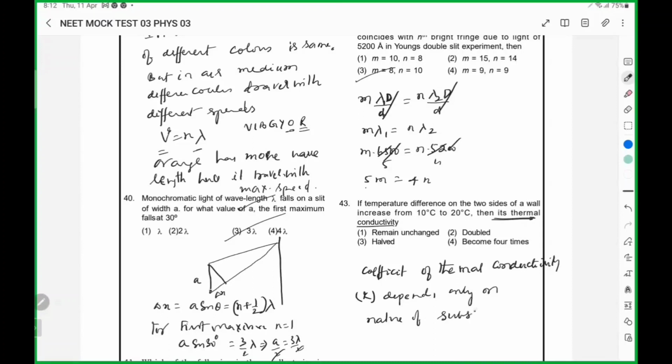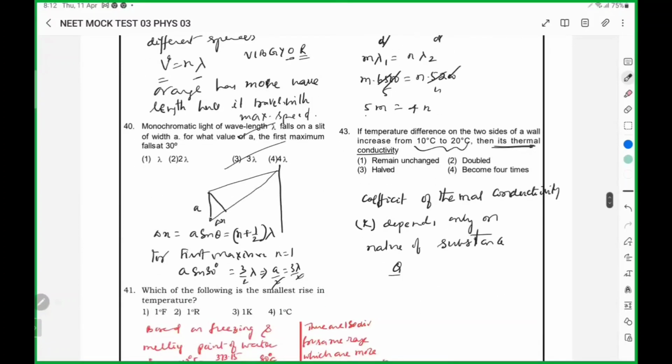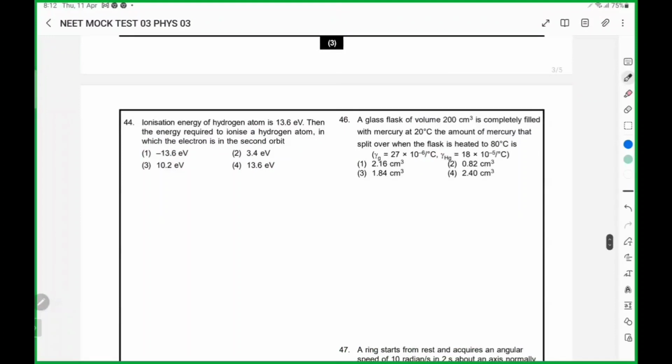If it is a good conductor, the K value will be more. It does not depend upon the rise of temperature. Q by t is K A delta theta by L. This K does not depend upon the rise in temperature, it remains unchanged.